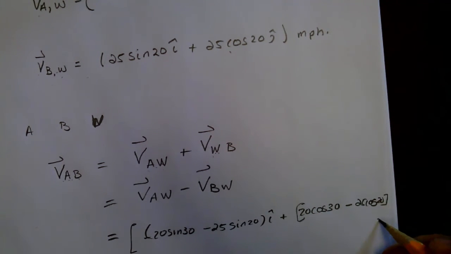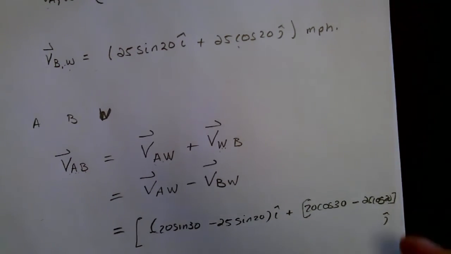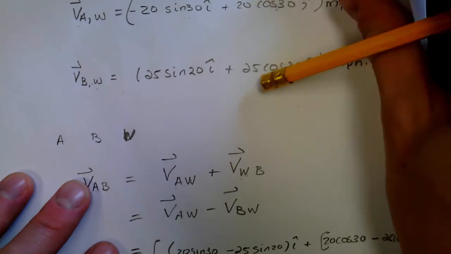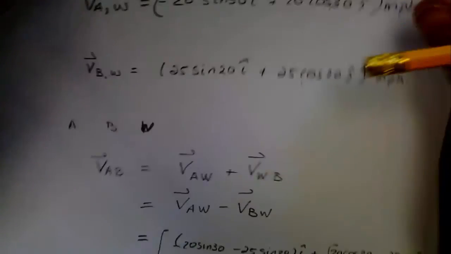Sorry, this is in the j hat direction. All right, and that's it. Looks messy, but that's it. That's the velocity of boat A with respect to boat B.